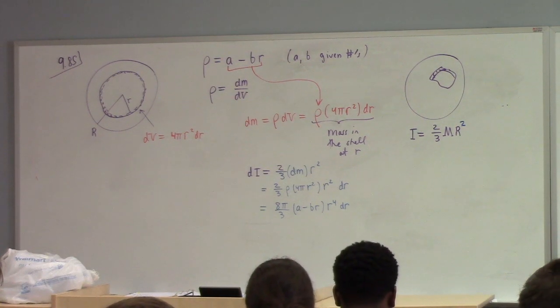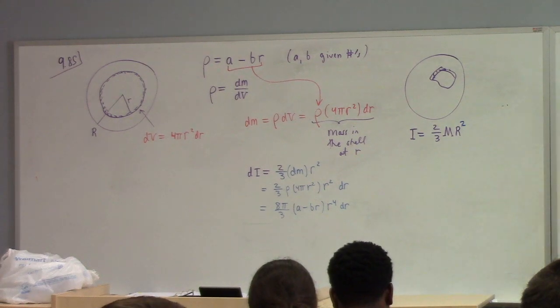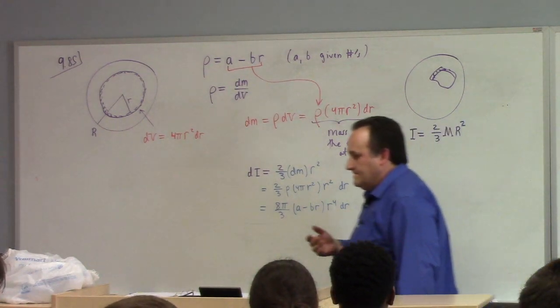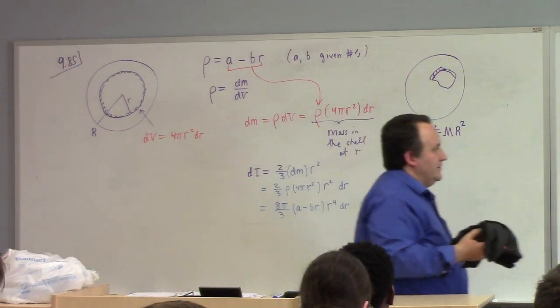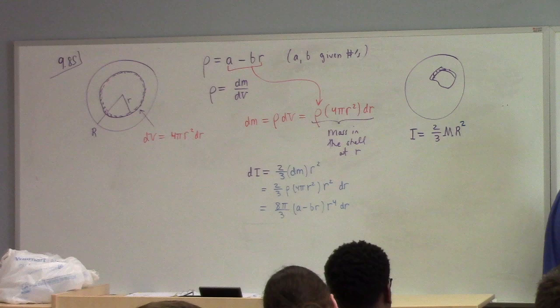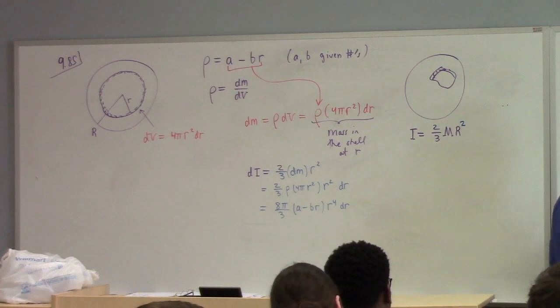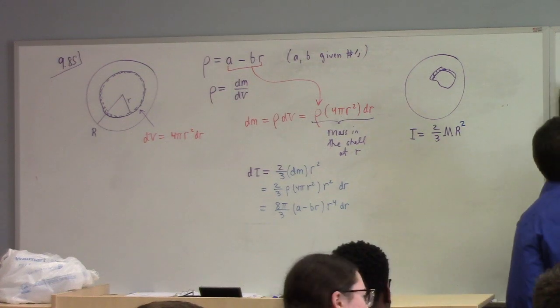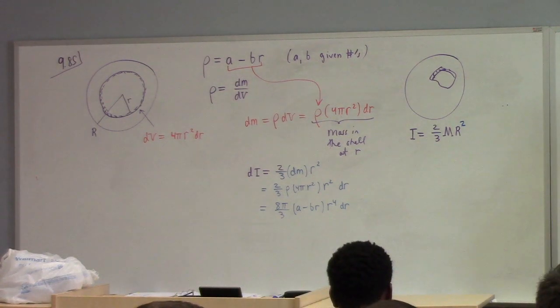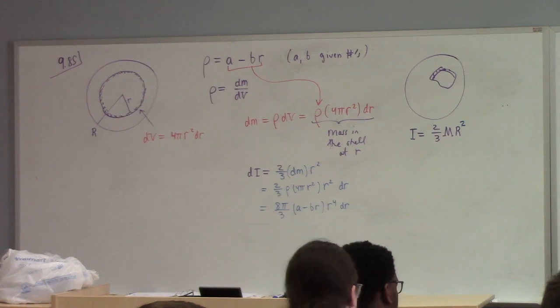Nobody? Yeah. How do you find the moment of inertia of a square being rotated around the corner? A square being rotated around the corner. Ooh, is that a problem I assigned you? It's part of the mission. It's on the mission? I don't remember where it's at. A square around its corner, huh?